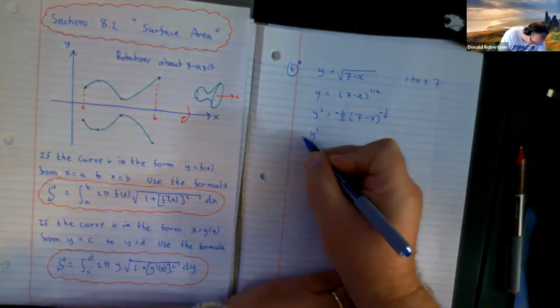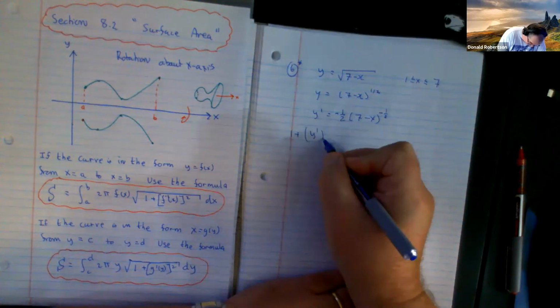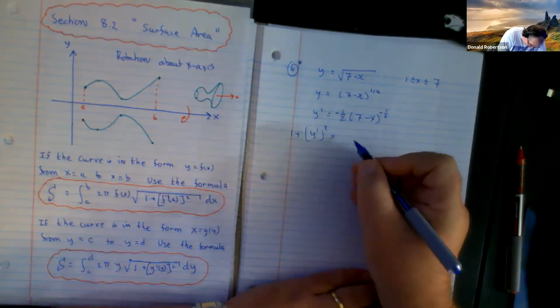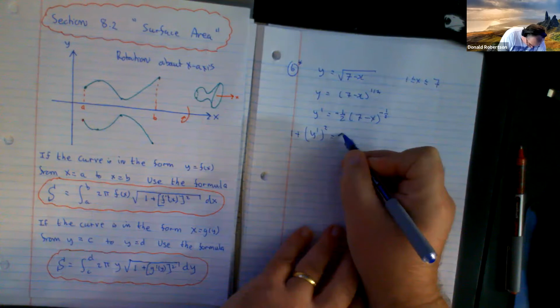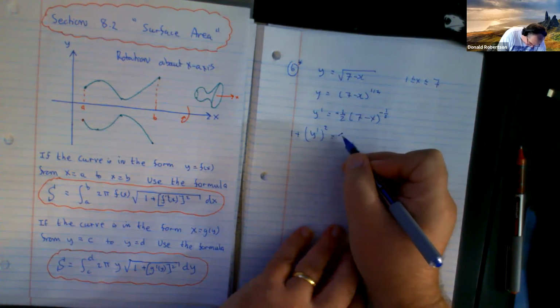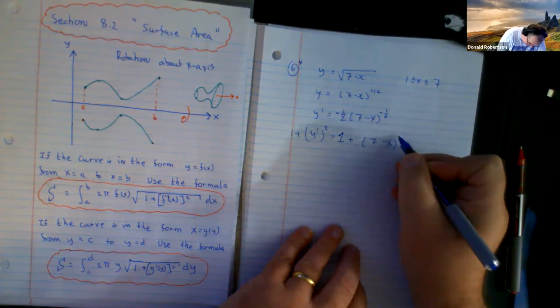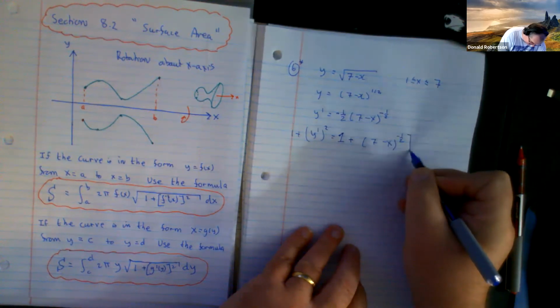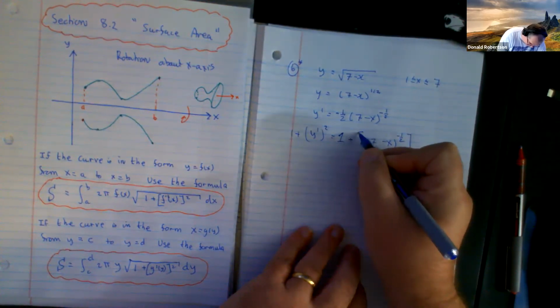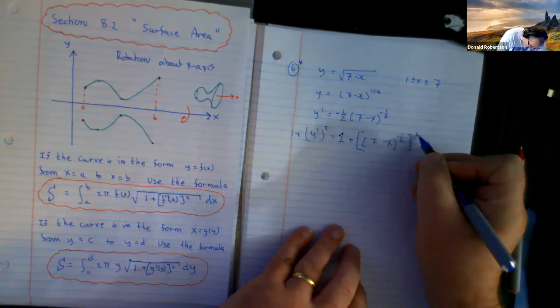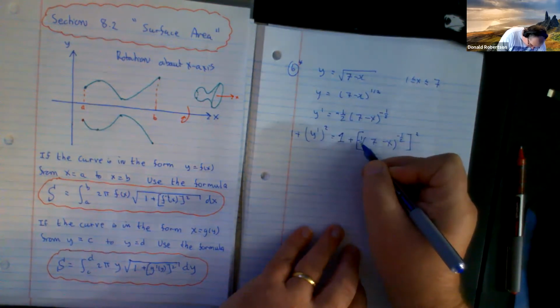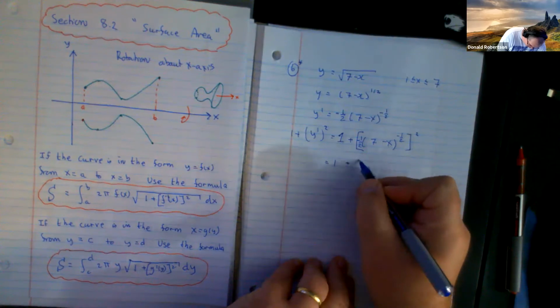If you do 1 plus this guy squared, you get, no, I won't do it in one go, right? You will get that guy squared. -1/2 squared gets you +1/4.